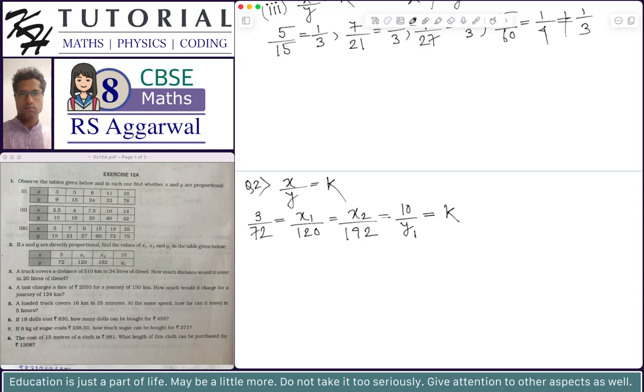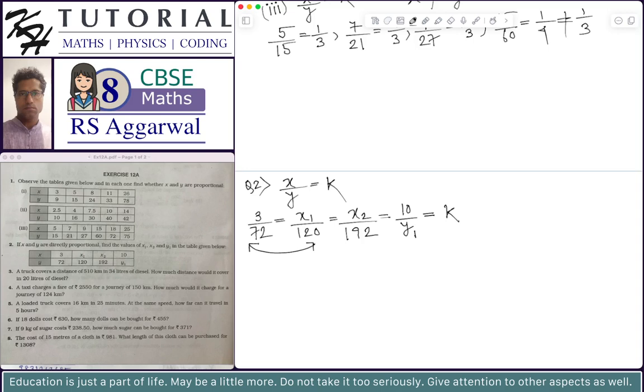We don't know k yet, but they should be equal to k. Now definitely k is equal to 3 by 72. Using the equality of the ratio of the first and second corresponding values, we can find the value of x1.